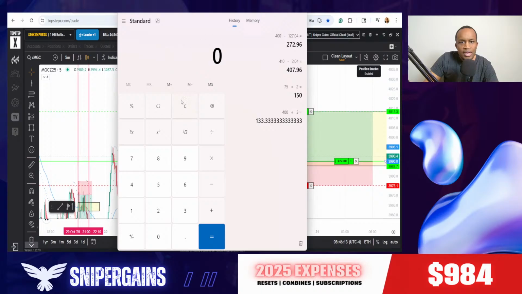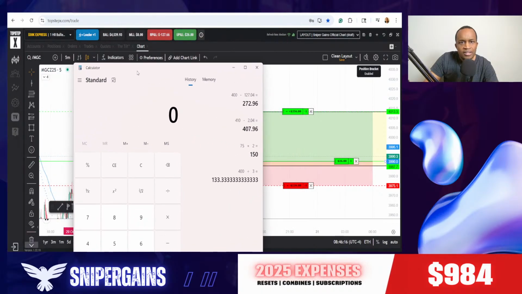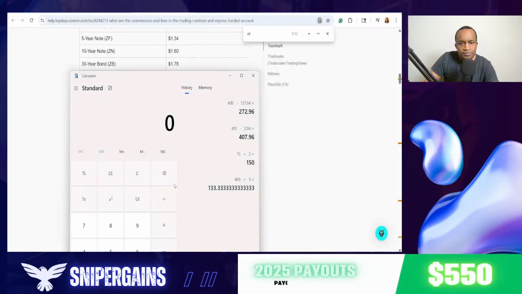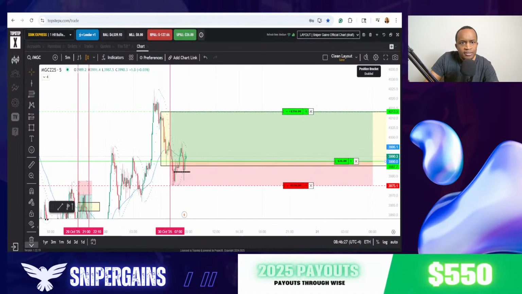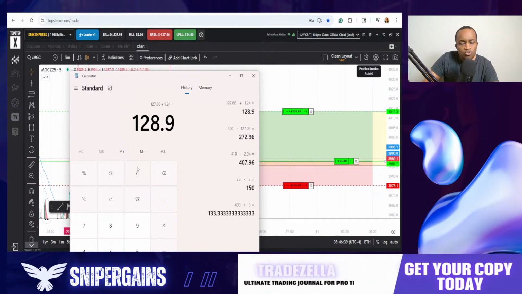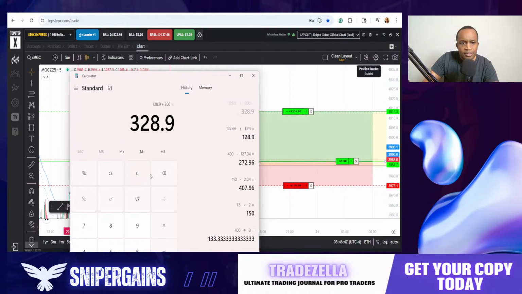If the cost is only one contract, I know that for a contract on MGC, it's 124. So now we would put in 127.66 plus that 124 equals 251.66, plus 200 is 328.9.